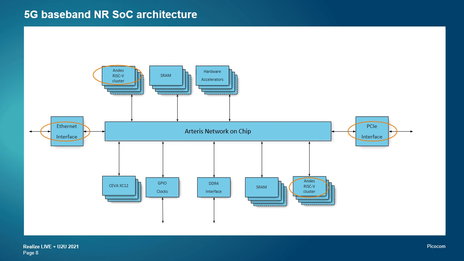The primary DSP functions in the SoC, which make up most of what it does, are undertaken by a cluster of CEVA XC12 cores working in conjunction with some hardware accelerators. And of course there's a lot of memory, both SRAM, which is distributed throughout the SoC, and a shared DDR4 interface. And it's all connected together by an Arteris NoC.